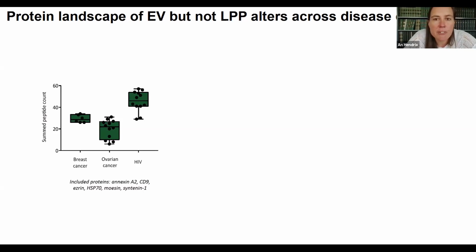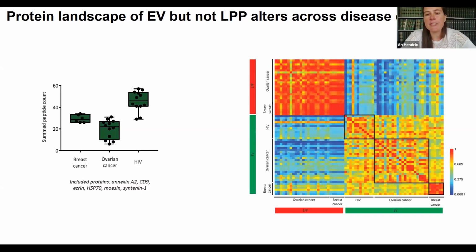But next, we were, of course, interested in the capacity of the extracellular vesicle protein landscape and also the lipoprotein particle protein landscape to distinguish those different types of diseases. And therefore, we performed a correlation analysis of the extracellular vesicle protein profiles that we obtained by mass spectrometry.